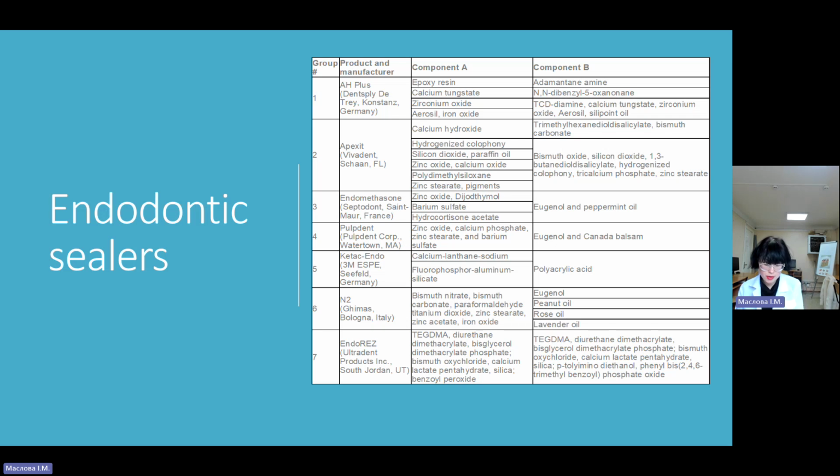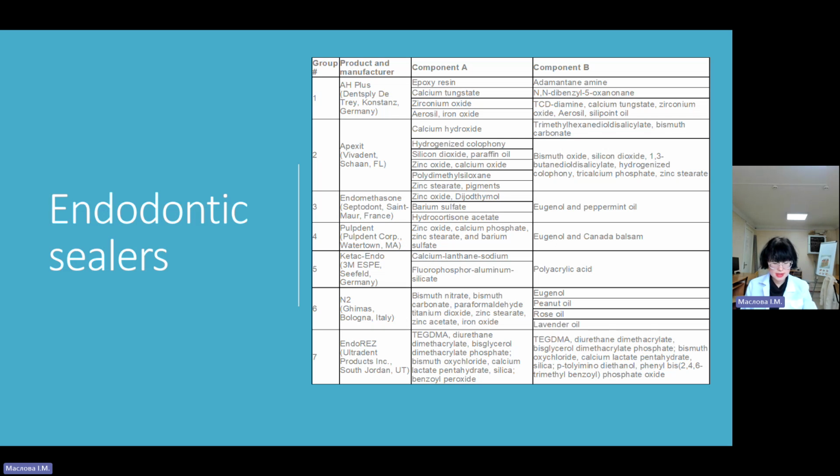Similarly, reducing the powder-liquid ratio of a sealer may not improve flow, as it has been shown that flow may be reduced at a higher rate of insertion. Furthermore, the flow of root canal sealers is temperature and shear dependent and varies between sealers.